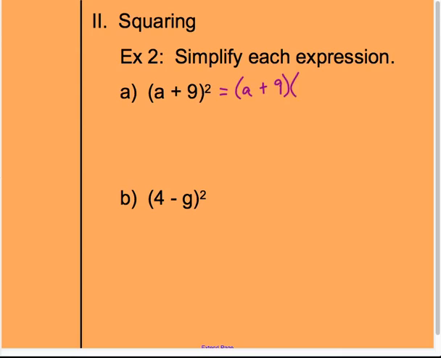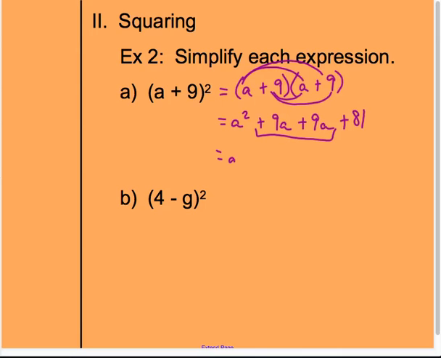A plus 9 times A plus 9. And then we use our distributive property. A times A is A squared. A times 9 is 9A. 9 times A is 9A. And 9 times 9 is 81. Combining our like terms, A squared plus 18A plus 81.